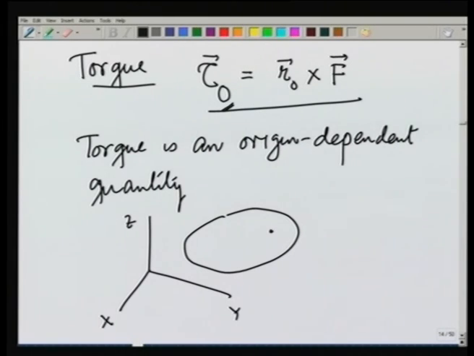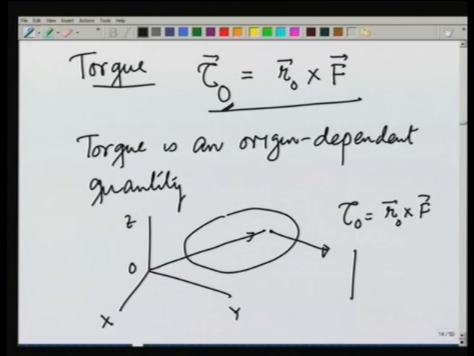If I apply a force at this point, in this origin, the torque would be r O cross F. On the other hand, if I have a different frame of reference centered at O prime, the torque you can see is going to be different.